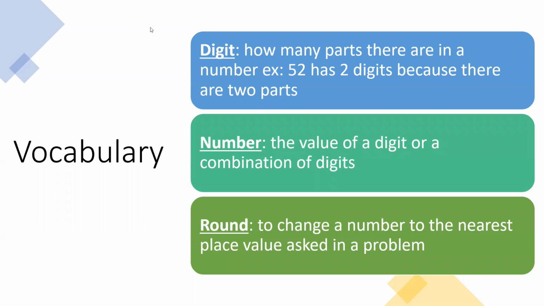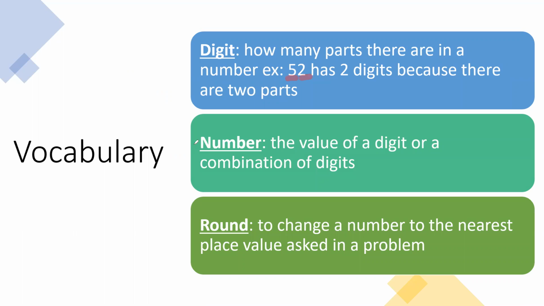All right, so you have 3 vocabulary words. The first one is digit. This word is the same from last week. The digit is how many parts or pieces there are in a number. So if you have the number 52, it has 2 digits because it has 1, 2 parts.